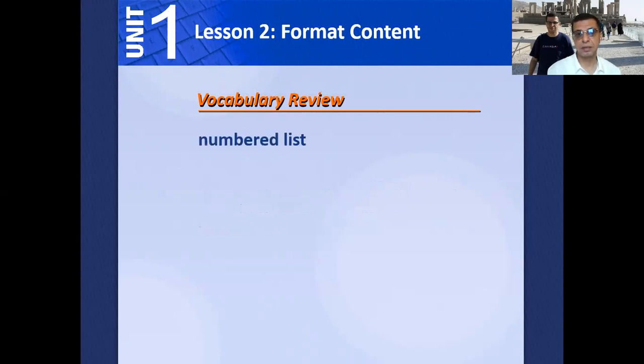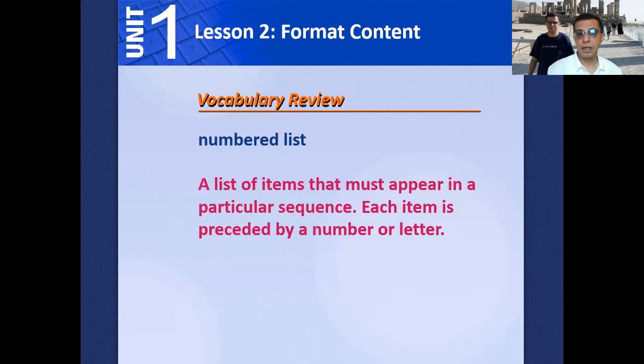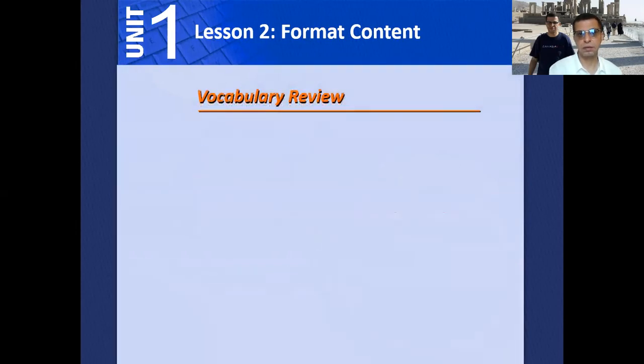Numbered list: a list of items that must appear in a particular sequence. Each item is preceded by a number or a letter. What's a bulleted list?